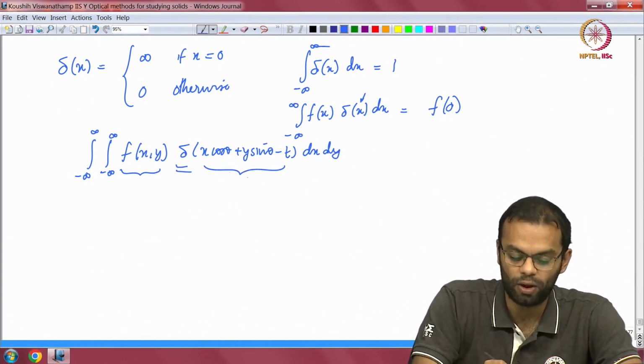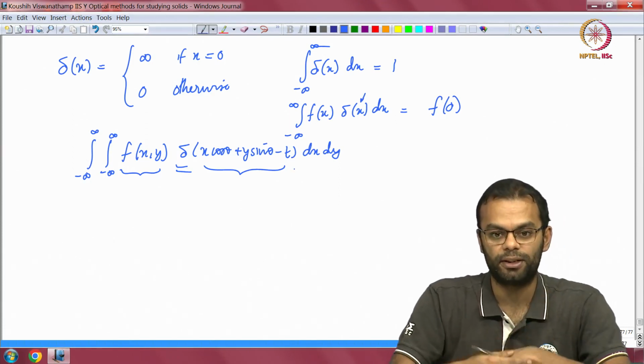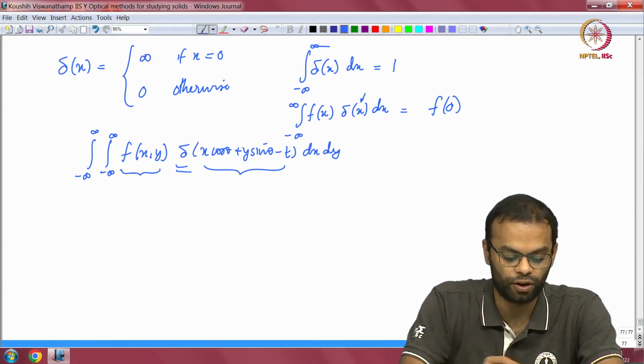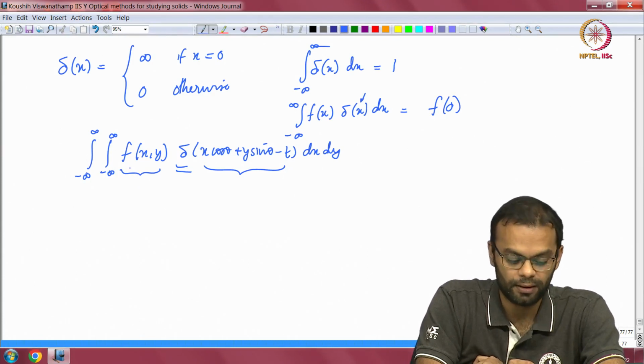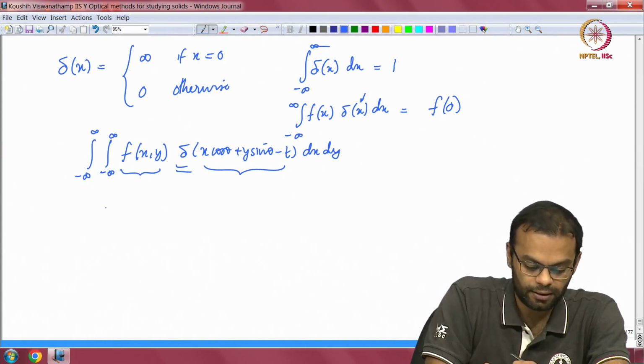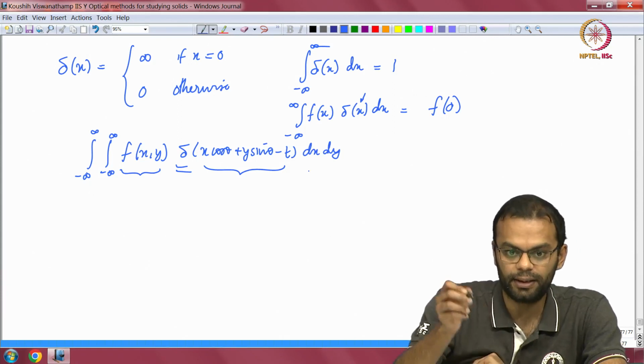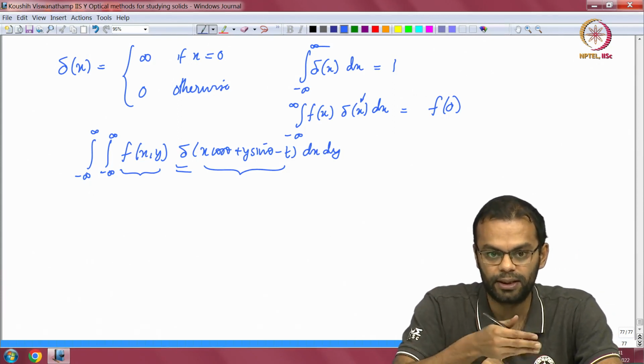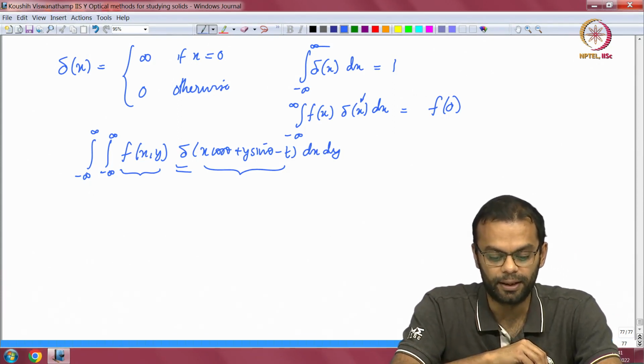This is picking out this whole argument equal to 0, and the whole argument equal to 0 is the equation of the line, right. So, it is going to pick out the value of f along that line and you will get an integral in the direction of that line. Okay. That is a representation of the same integral.